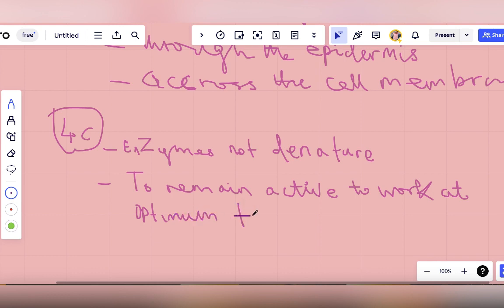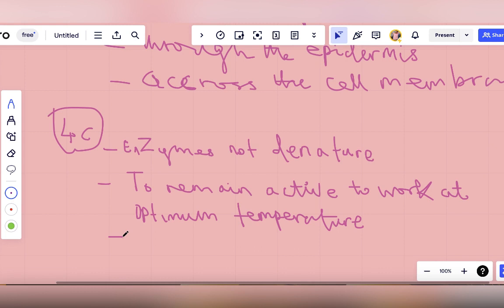To work at their optimum temperature. So that's one thing to note.